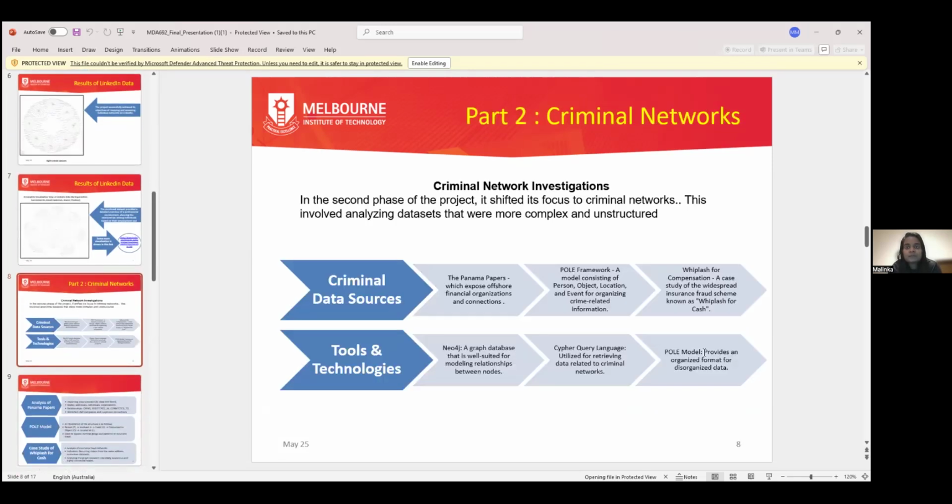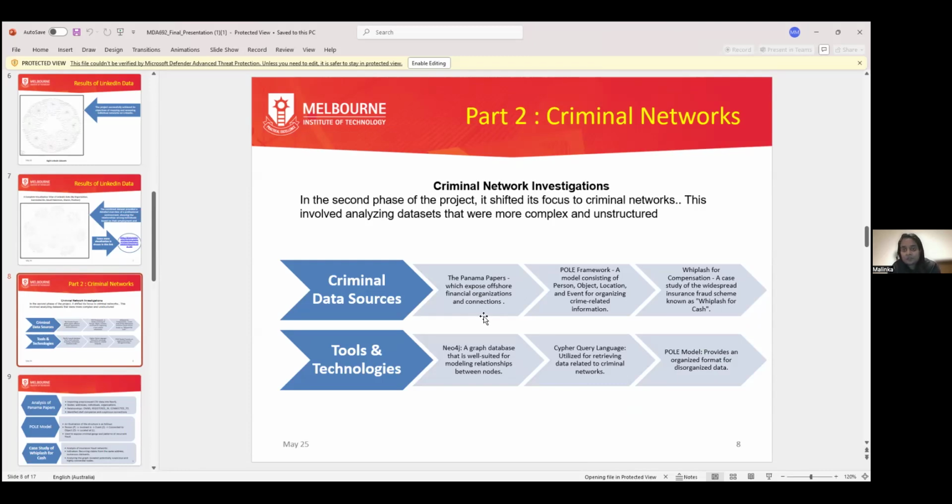The next part is about criminal networks. Criminal network investigation is the second phase of the project. This involves analyzing data sets that were more complex and unstructured. For the criminal data sources, we used the Panama Papers, which expose offshore financial organizations and connections.